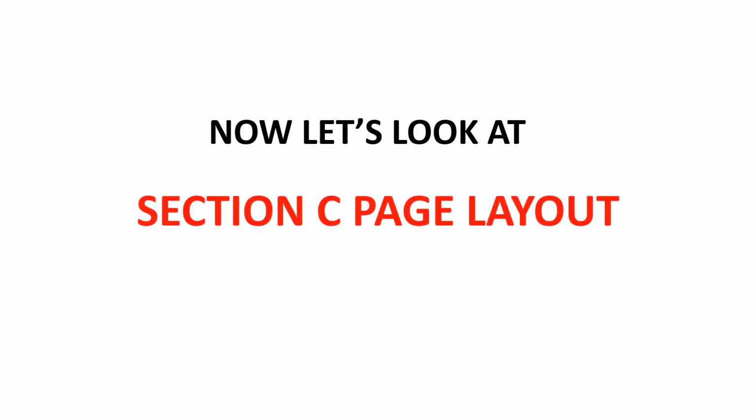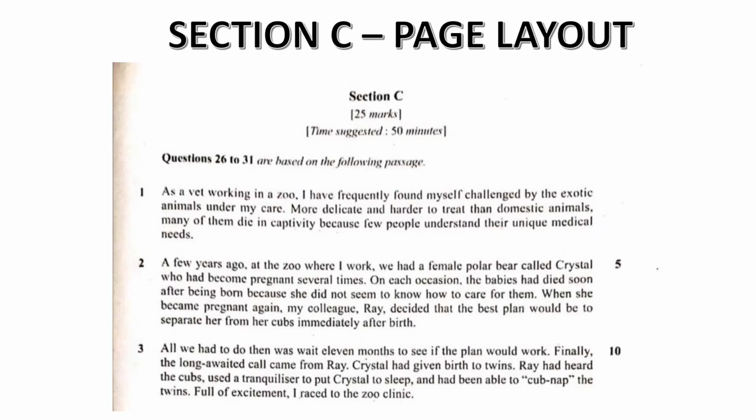Before we begin, we will look at the Section C page layout. You must be familiar with the layout of every section in any exam paper. Alright? So that there will be no surprises for you when you sit for the exam.